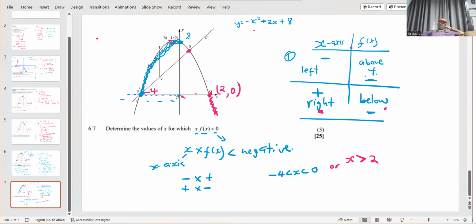Because when it's less than 2, let's say it's 1 here. Can you see that the graph is still above? And x is positive. So y is also positive. I won't get a negative answer. So it has to be this side. Because here, f is negative. From here, then x is positive.